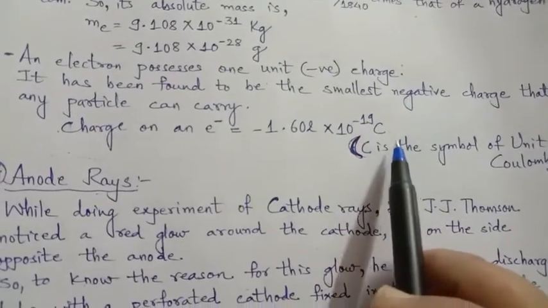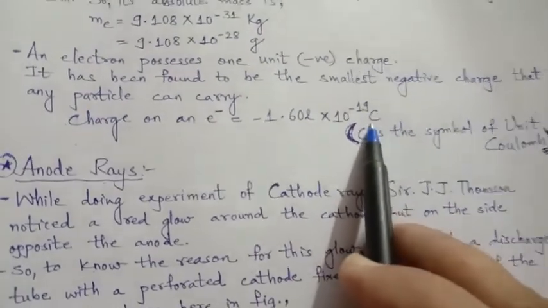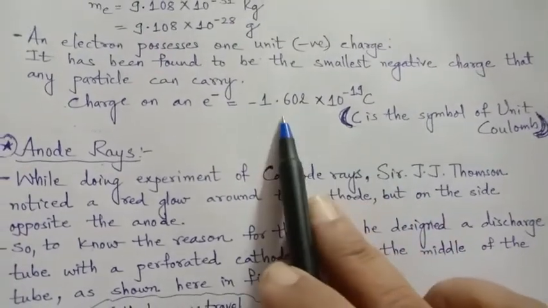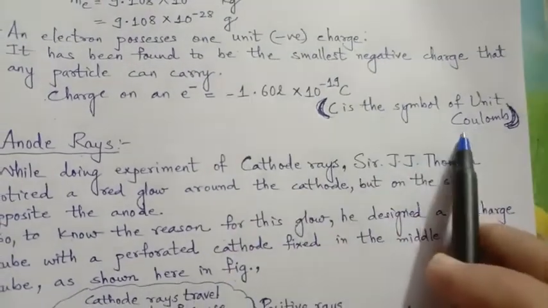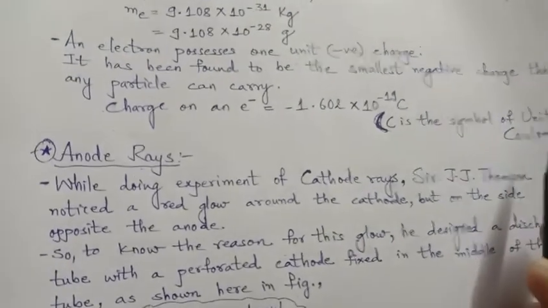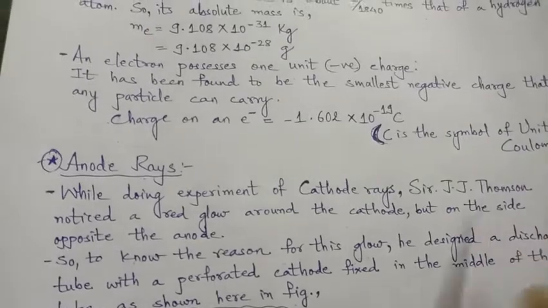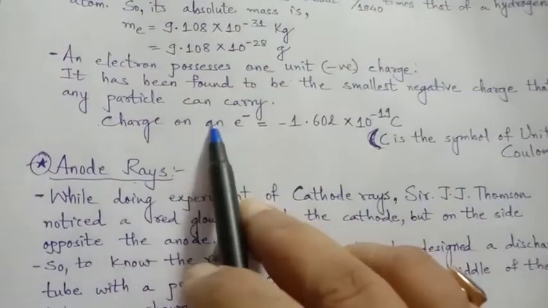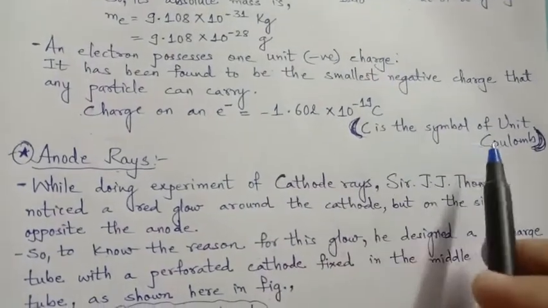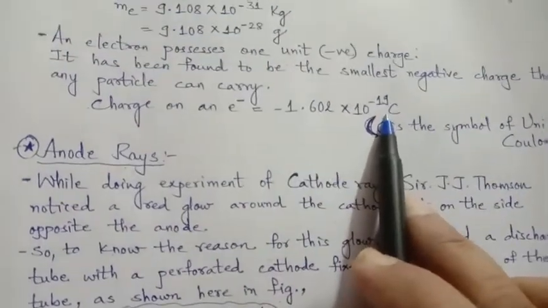Here we write the unit as capital C. Capital C is the unit of charge, that is coulomb. It is also the name of the scientist who made efforts to calculate the charge by certain experiments, and so in his remembrance the unit is called coulomb.